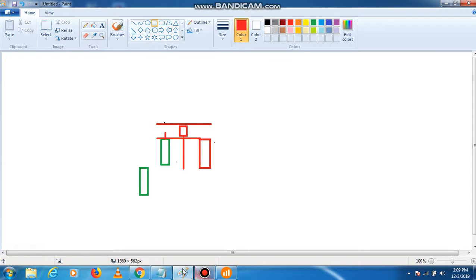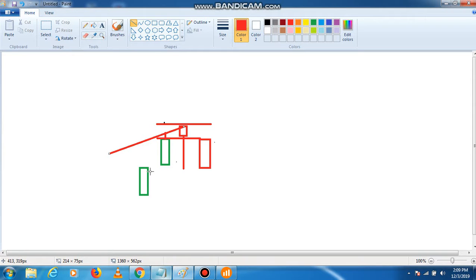When I'm talking about the steepness, the fourth point, the angle should be very steep when you connect these three candles with a line like this. That is important.